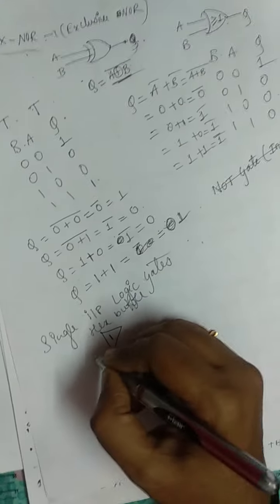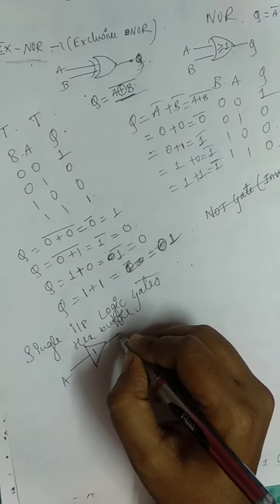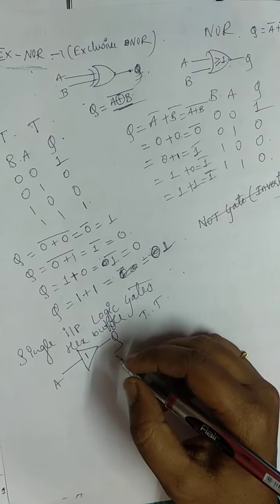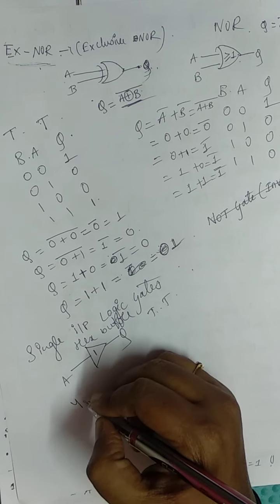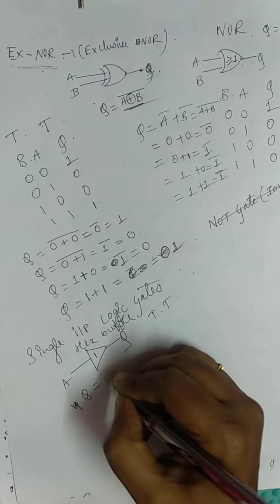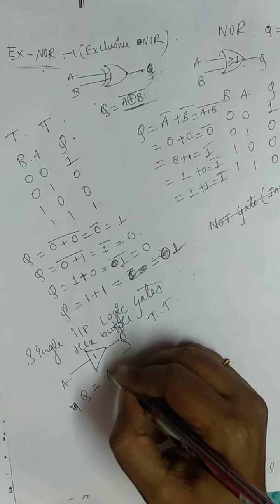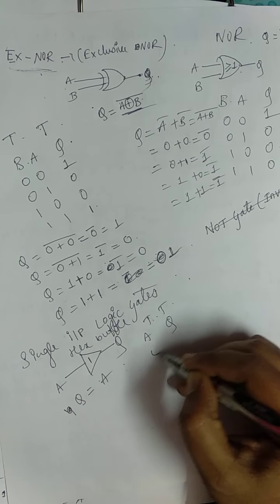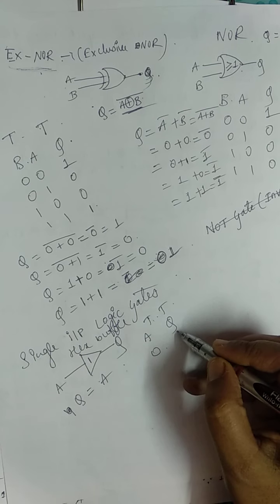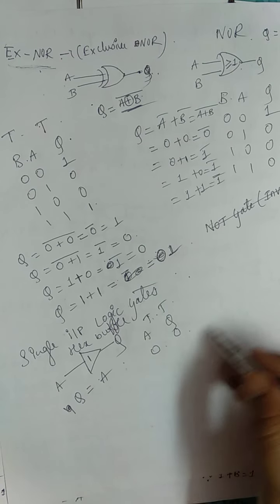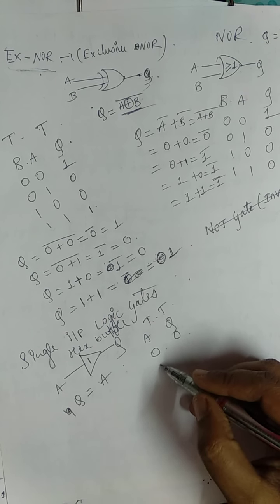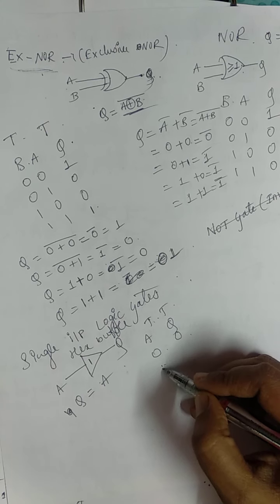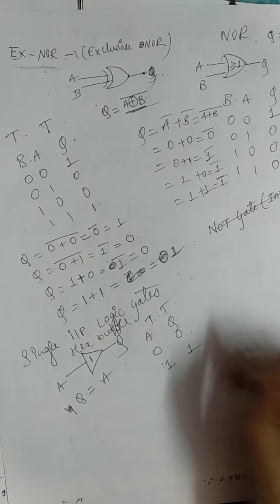So it will always be one input, one output. So the Boolean expression for this hex buffer is Q is equal to A. If we give the input as 0, A will be 0, and the output will be 0. And if we give A as 1, it will give 1.